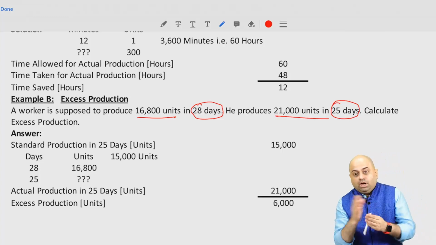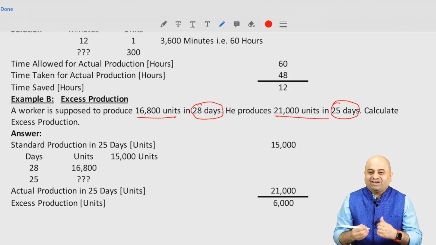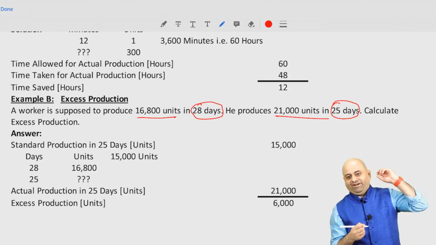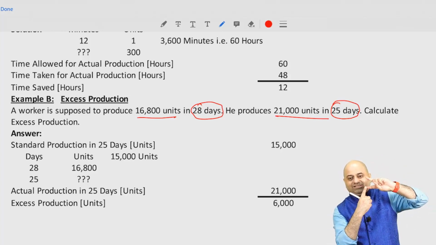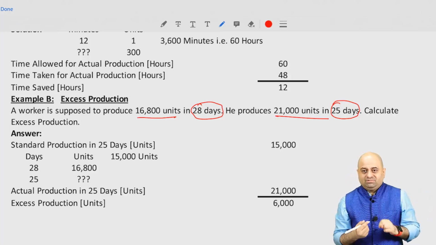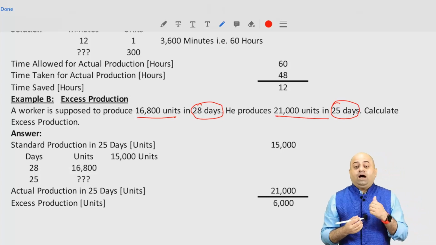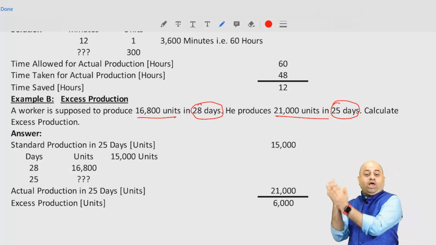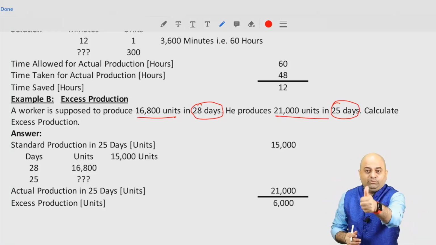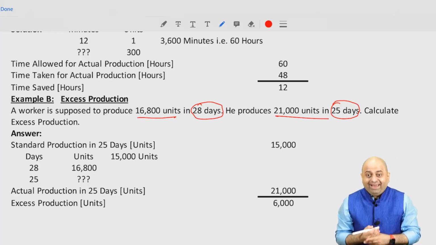So, again, a simple cross multiplication. I want to find out how much extra the worker has. So, I'll find out two things. One, how much he should have produced, and how much he has produced. Then the difference will be excess production. How much should he have produced? He should have produced 16,800, but in 28 days. He has worked for 25 days.